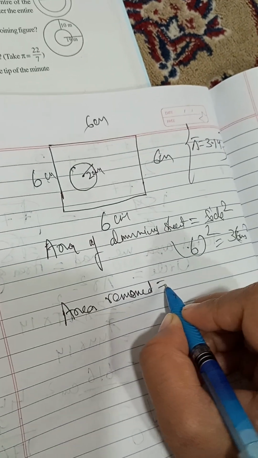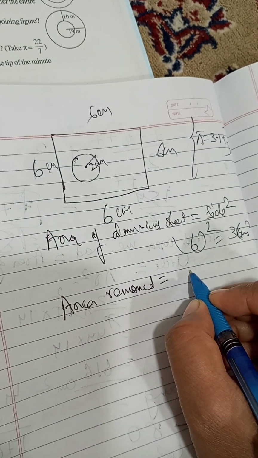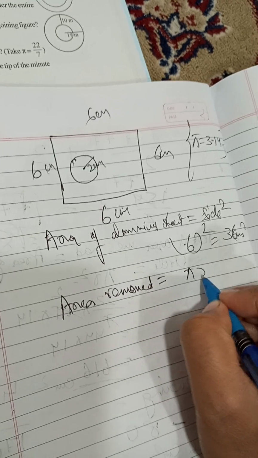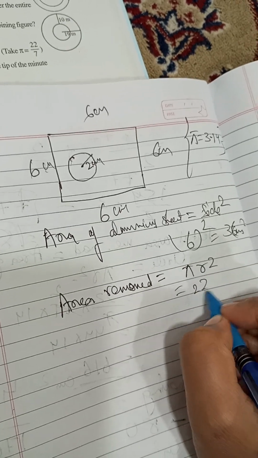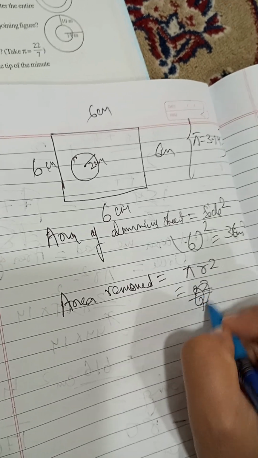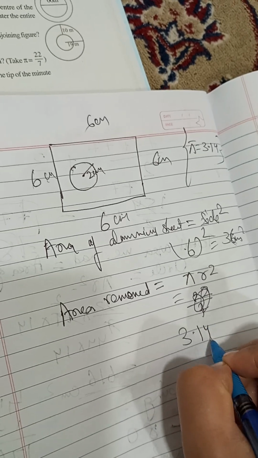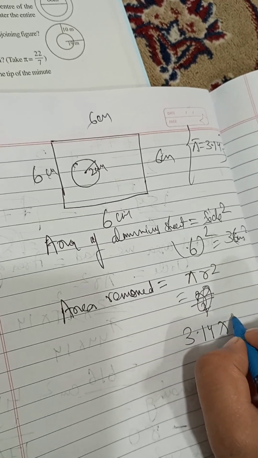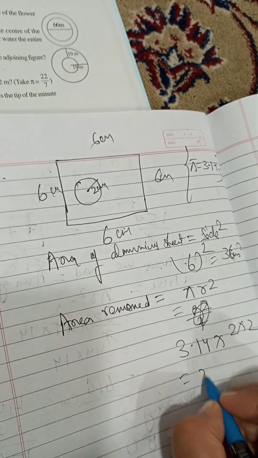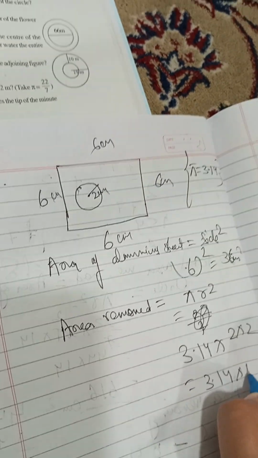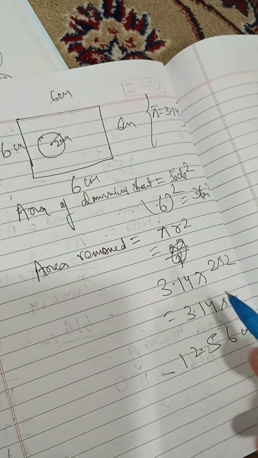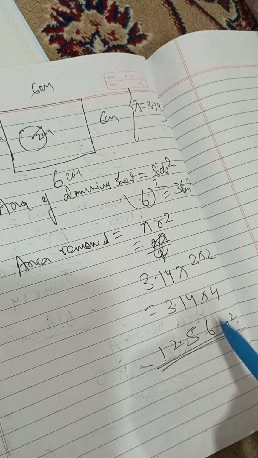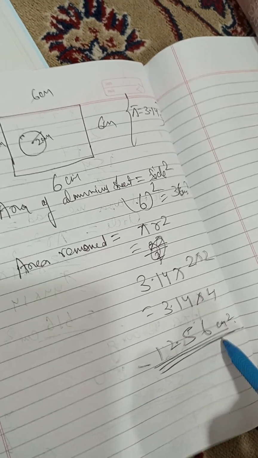What is the area of the removed circle with radius 2 centimeter? Pi r square, so 3.14 into r, radius 2, into 2. 3.14 into 4. So the area removed is this much, multiply this and you will get this value.